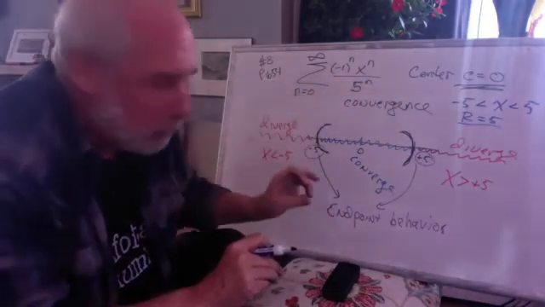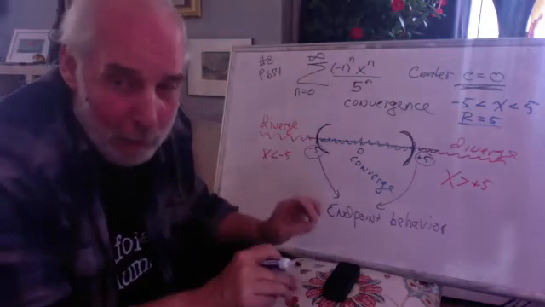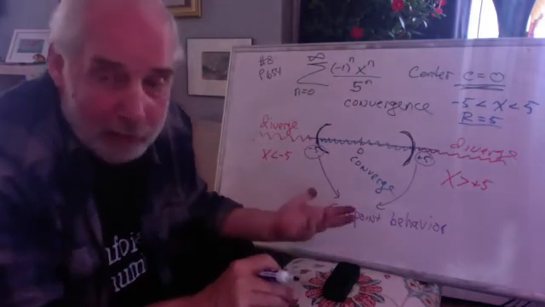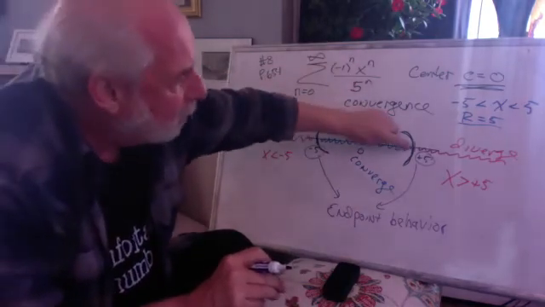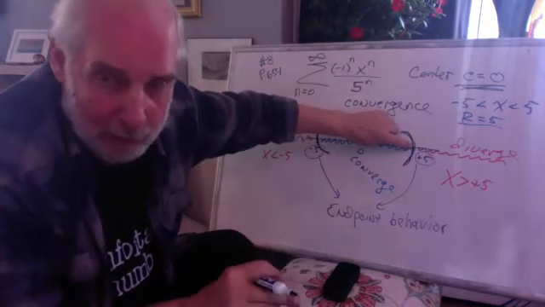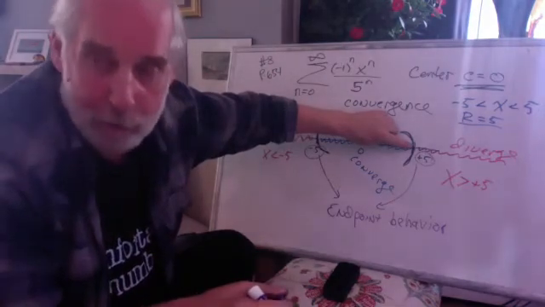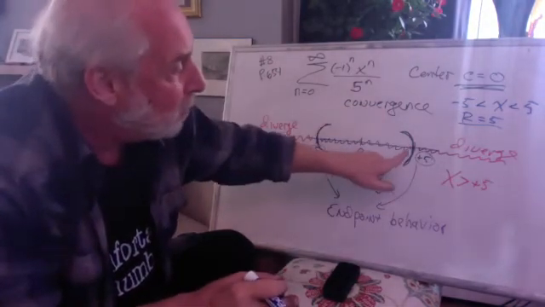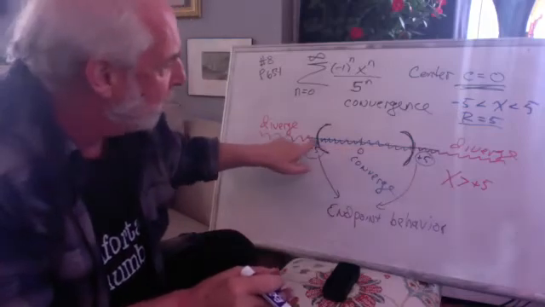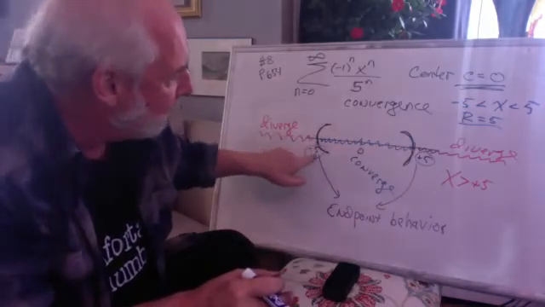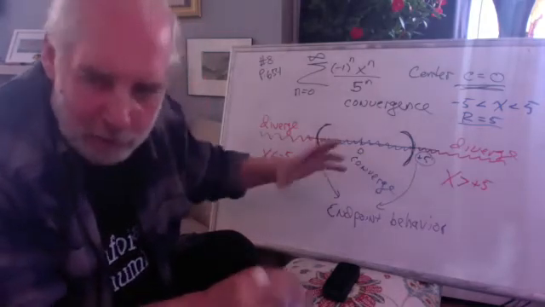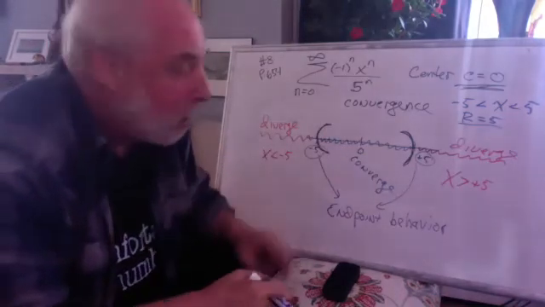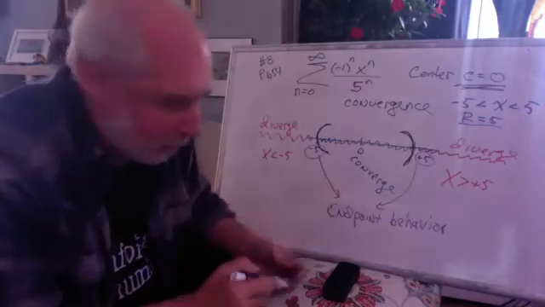So what's happening right at that specific moment? Two things can happen. A power series can converge at the endpoint value or diverge at the endpoint value. So it's possible to converge here and converge here. It's possible to diverge at both of these numbers, or it's possible to converge at one and diverge at the other on here.